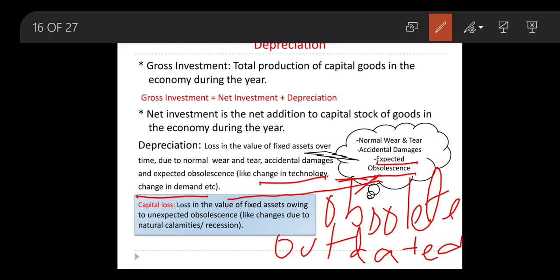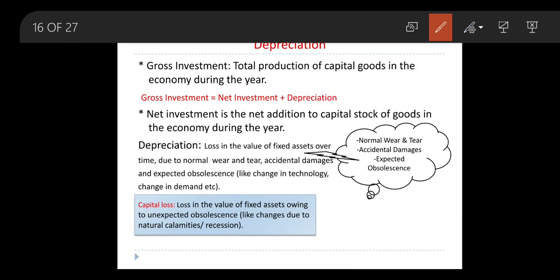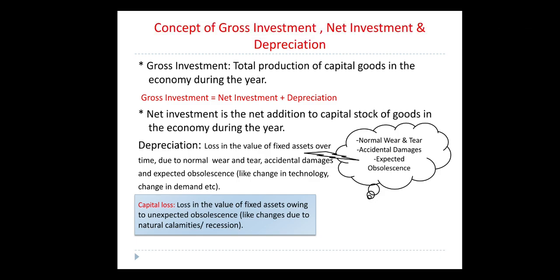This also causes loss in the value of fixed assets. Such losses are your depreciation. So depreciation is your loss in the value of fixed assets due to normal wear and tear, accidental damages, and expected obsolescence.